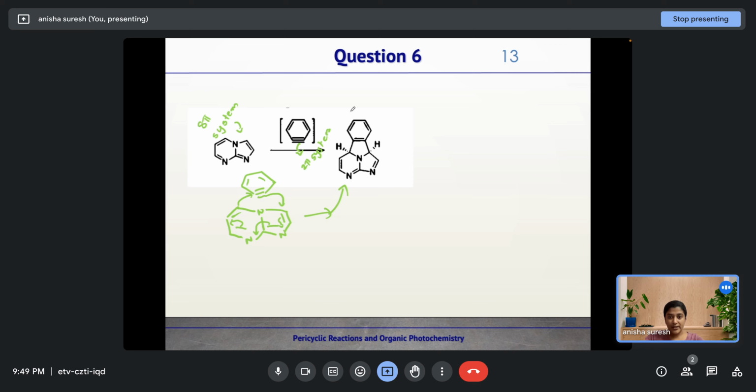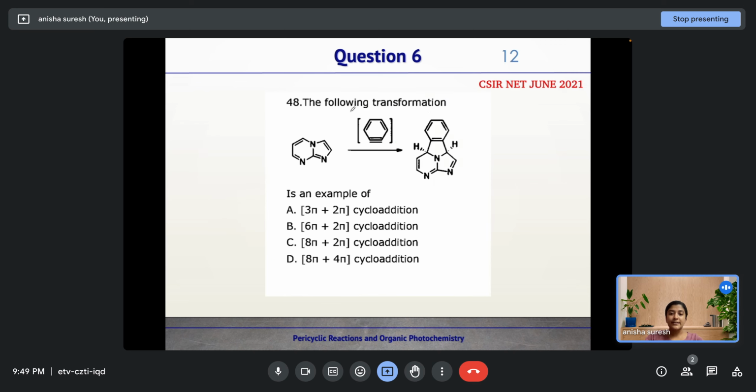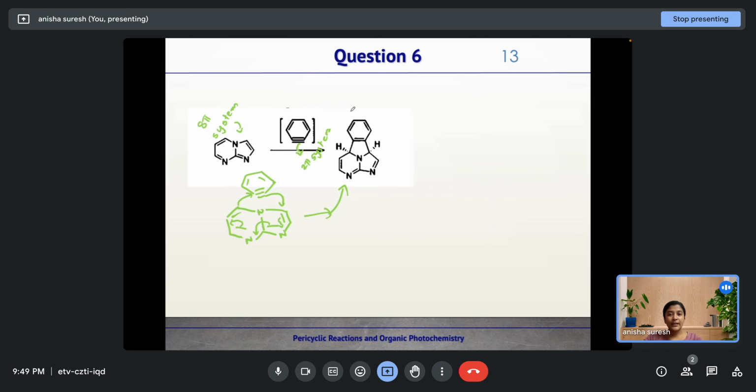So higher cycloaddition reactions we have seen. So this is an example of such a cycloaddition reaction. Okay. Now coming to the next question.